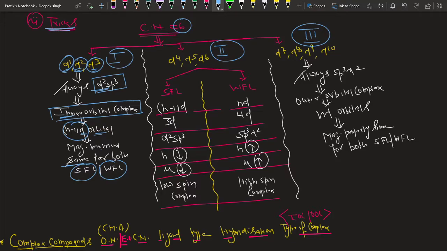There is no need for pairing of the electrons. So even if d1, d2, d3 forms a complex with a strong field ligand, there is no pairing of electrons because there are always two vacant d orbitals available.